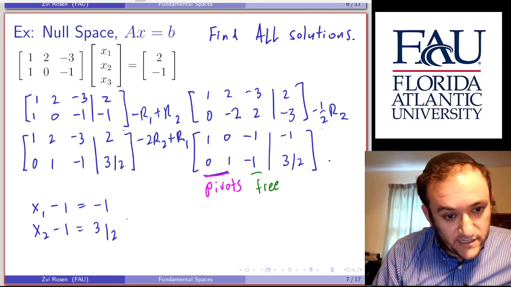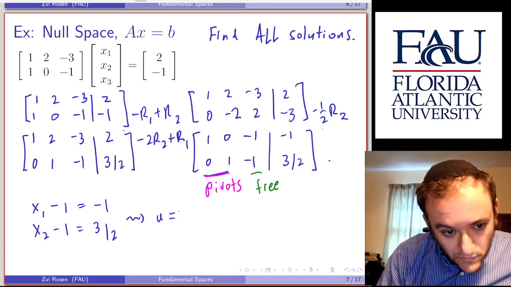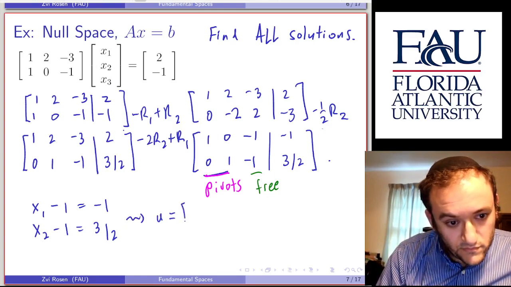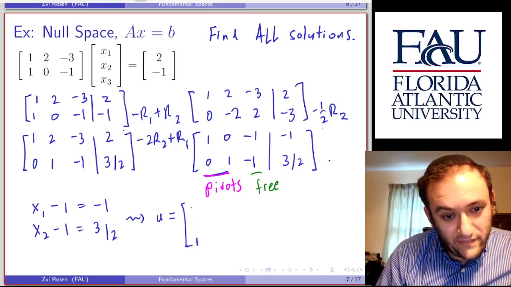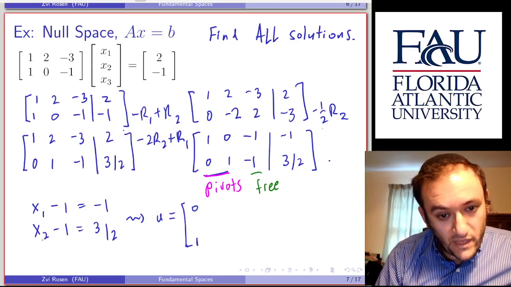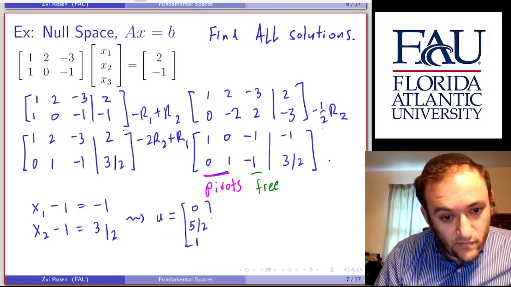So this gives us u equals 0 for the x1 coordinate, 5/2 for the x2 coordinate, and 1 in the x3 coordinate. Okay?